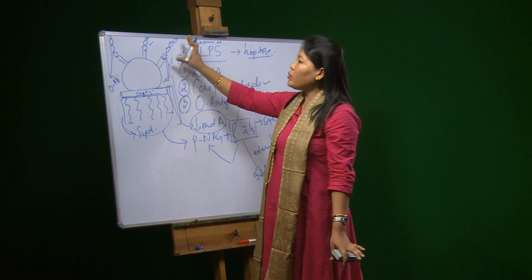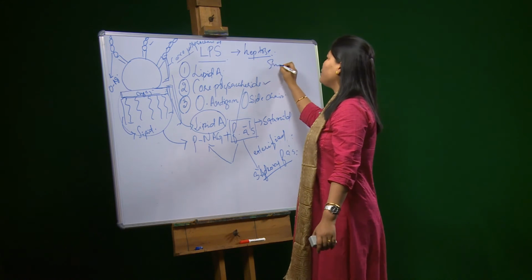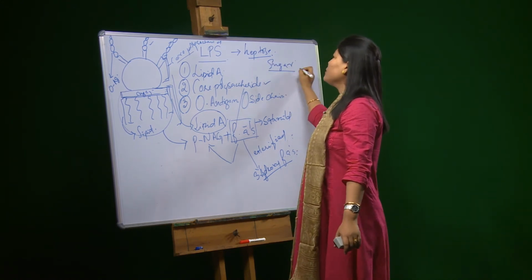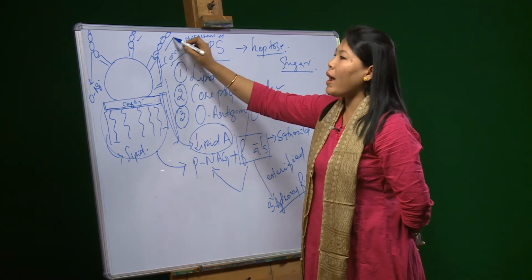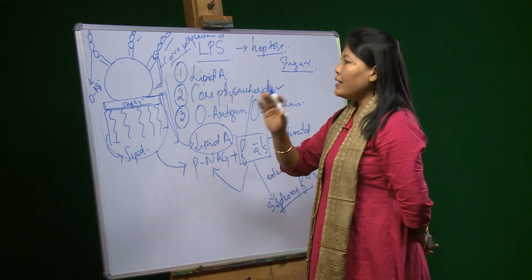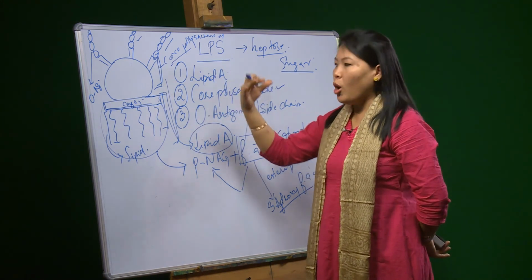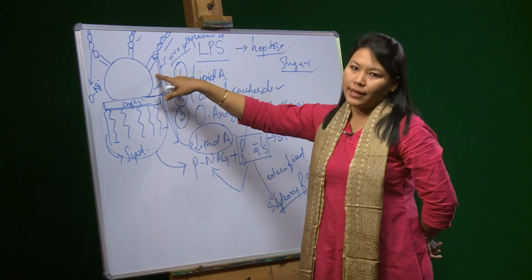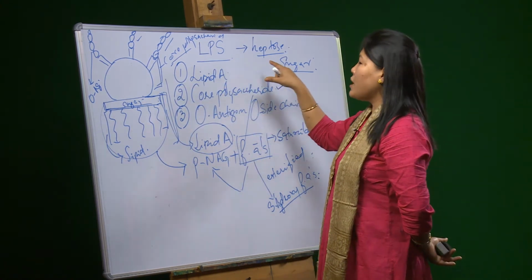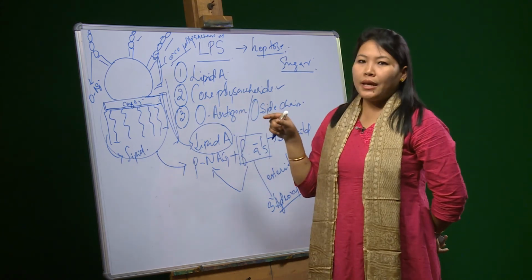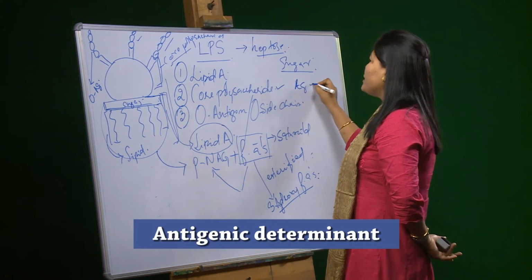Next, coming to the O antigen or the O side chain, it is also composed of sugar molecules. When we compare the core polysaccharide with the O antigen structurally, the O antigen is much longer than the core polysaccharide. Biologically, the O antigen serves as an antigenic determinant.